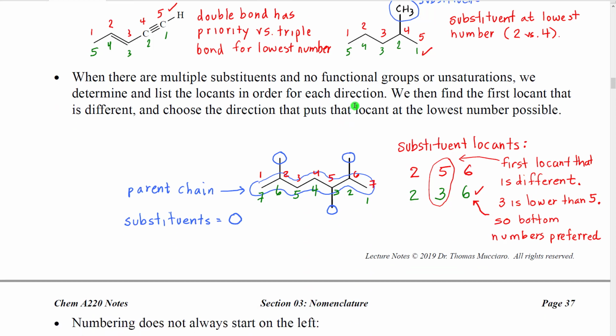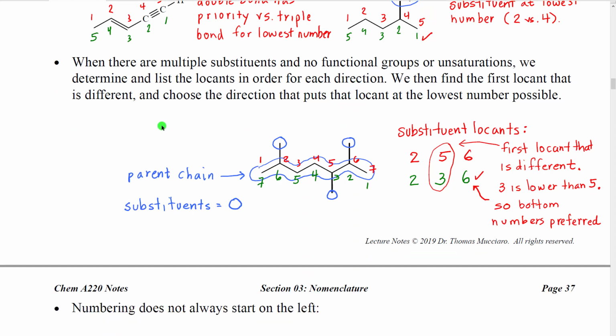One situation that we can encounter is when there are multiple substituents, but there are no functional groups or unsaturations. Remember that functional groups and unsaturations are going to take a priority. These substituent groups will not inherently have a priority. So what we do in that case is we actually pick the two numbering systems.